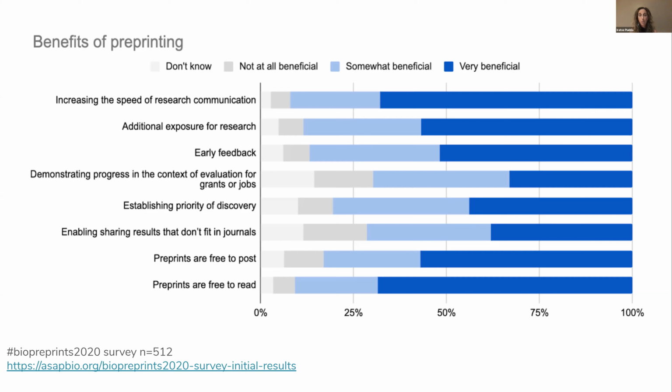Another important perceived benefit is the fact that preprints are free to post and free to read. This is relevant in the context of reducing barriers to participation in research communication. If we compare this to the traditional model of journal publication, a number of journals operate subscription models, which means the articles are published, but often are only accessible to those lucky enough to be affiliated with institutions that have a broad range of journal subscriptions.